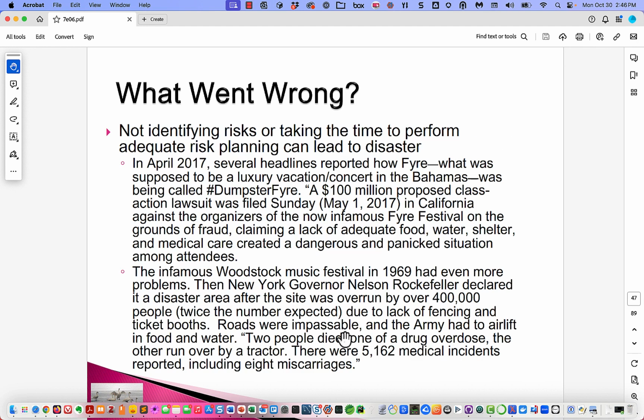Here we have, the Schwalbe books always have the section, what went wrong. We have examples here of two music festivals that had their own problems. One being the Fire Festival, which I don't think really ever happened.